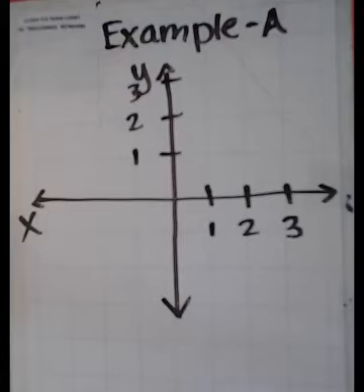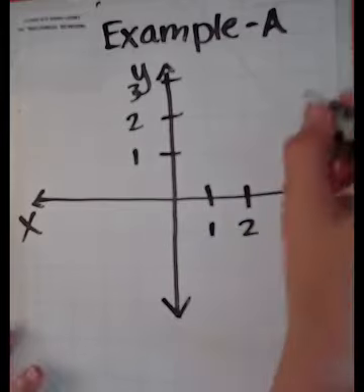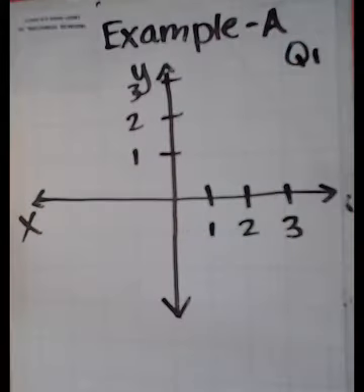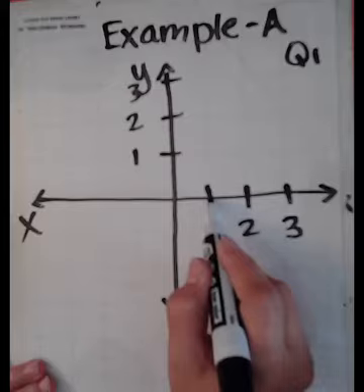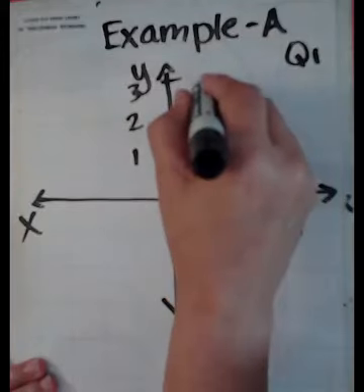Now let's take a look at the graph for our example to double check our answer. Both points are positive, so our answer is going to be in quadrant 1. Our first point is 1, 3. So our x value is 1 and our y value is 3.